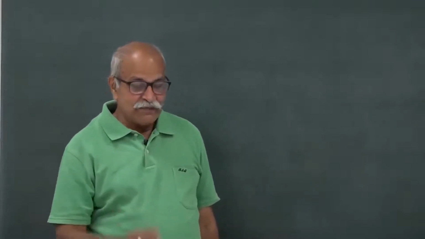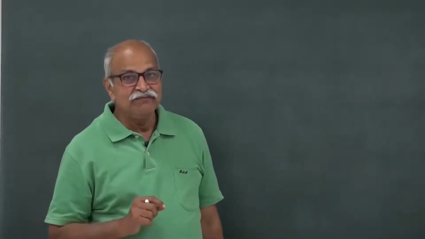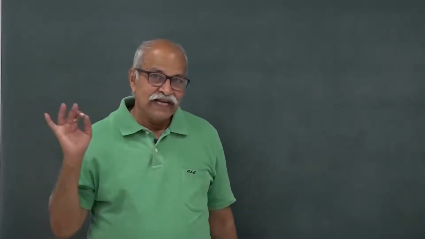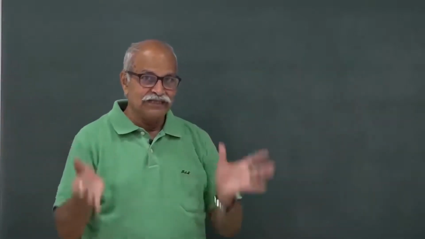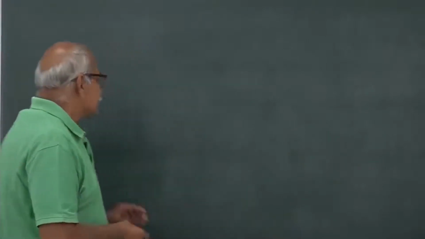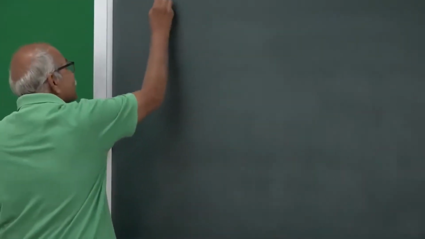So, first let me talk of particle dynamics, that means I have just one particle and then there are forces on it, externally we are applying forces. So, dynamics of a particle.